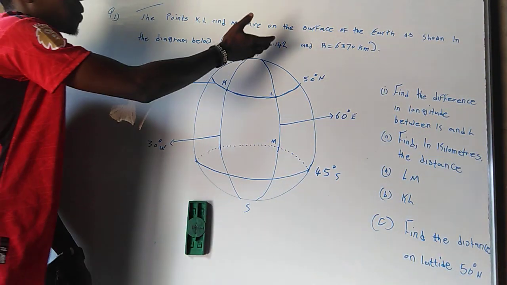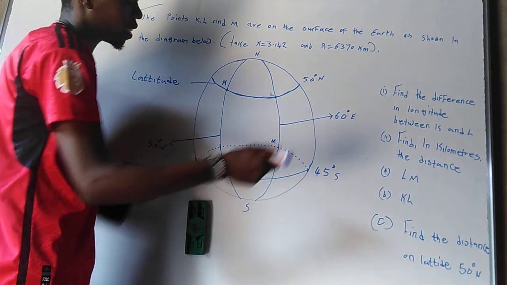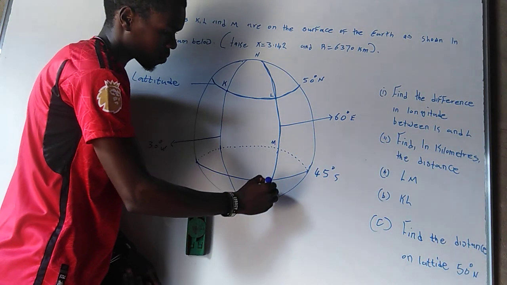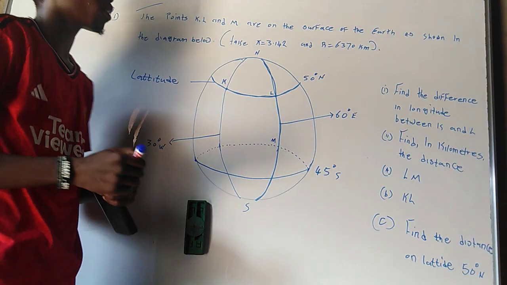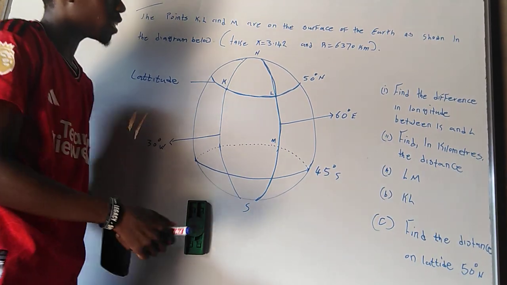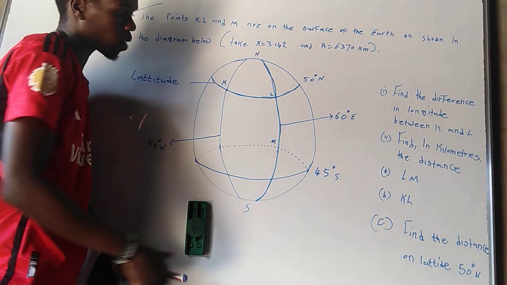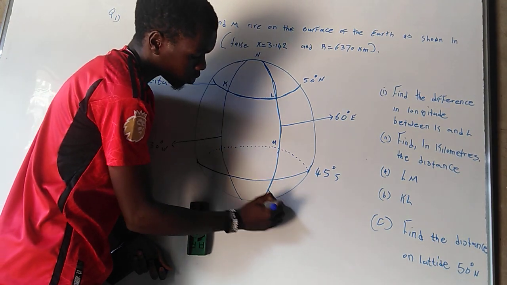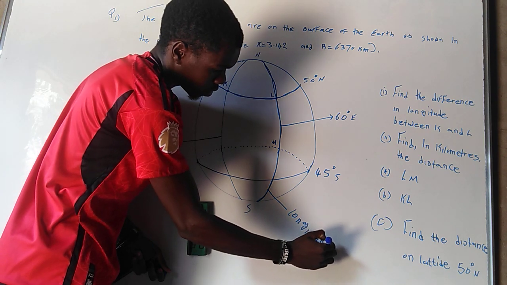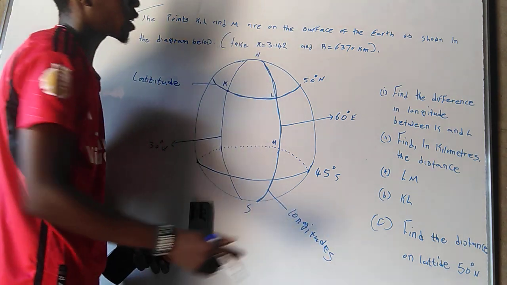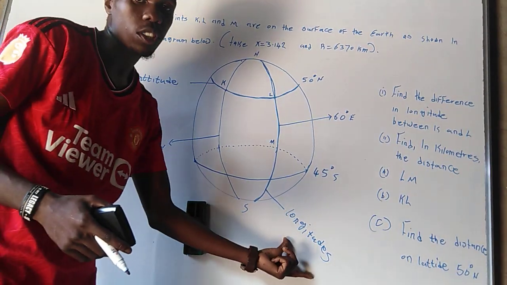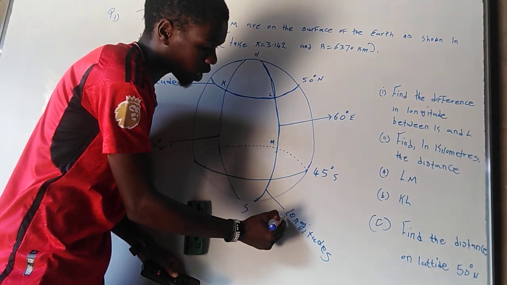We also have these lines that run from north to south. These lines that run from north to south, we call them the longitudes, from the word long.